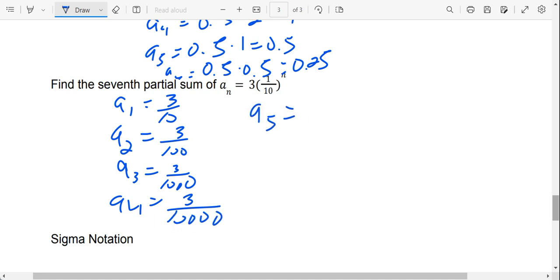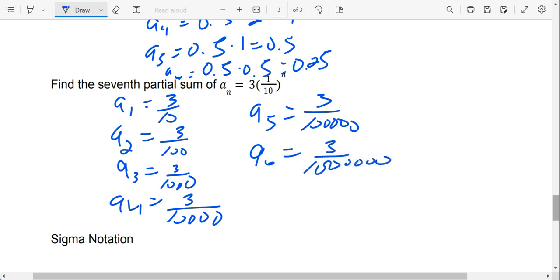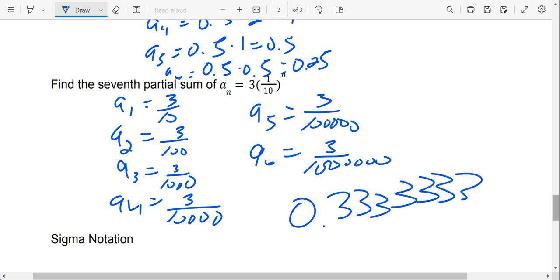A sub 5, 3 over 100,000. A sub 6, 3 over 1 million. So, if we add all those together, you'll get 0.33333333.